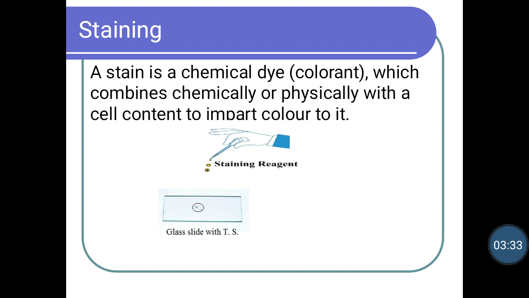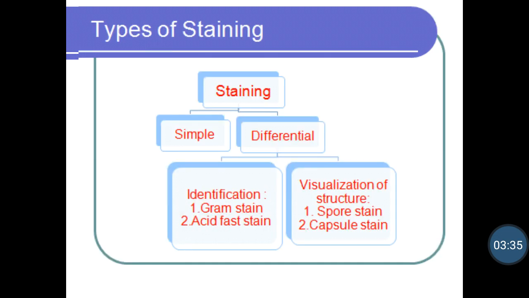Next is types of staining. Staining is mainly of two types: simple and differential staining. Simple staining is staining with only one stain or dye, while in case of differential staining, multiple or various stains are used.